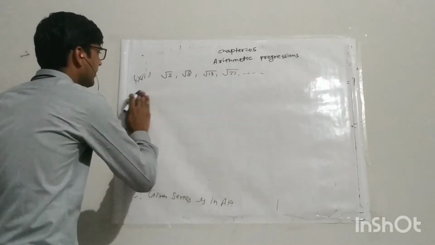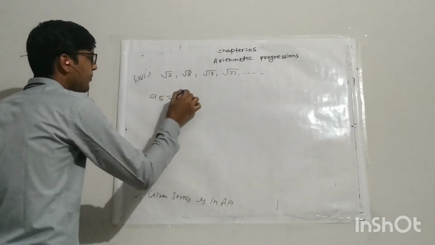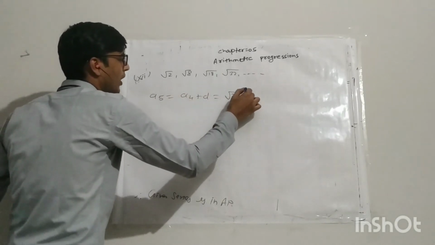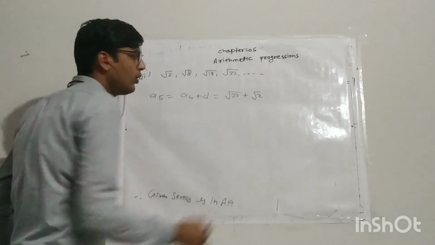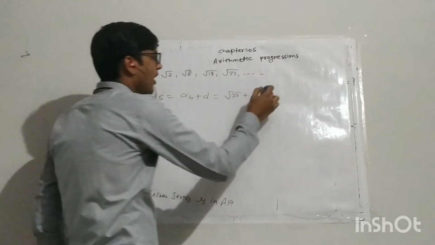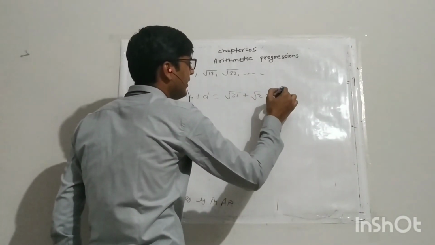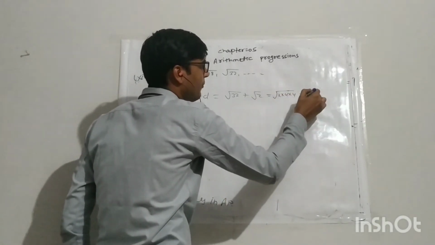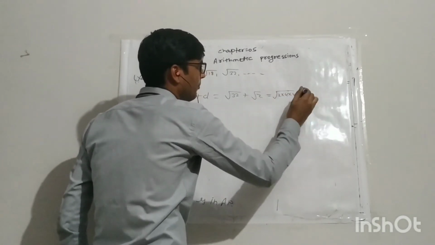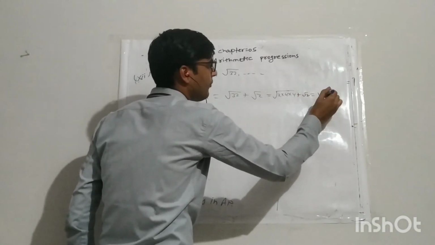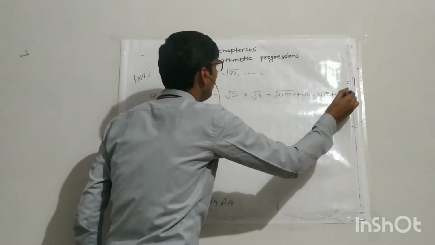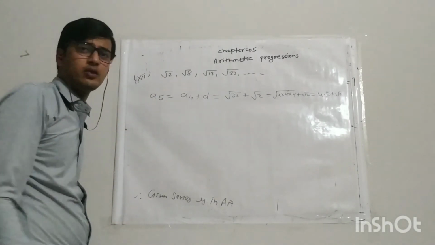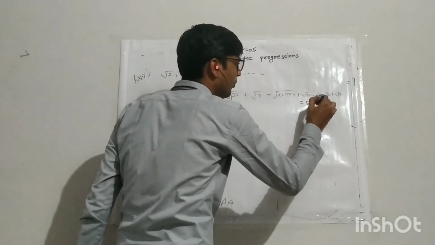Next three terms: it means A5. A5 is A4 plus D. A4 is root 32 and D is root 2. Root 32 is written in the form 2 into 4 into 4, so simply it becomes 4 root 2 plus root 2. 4 root 2 plus root 2 becomes 5 root 2.